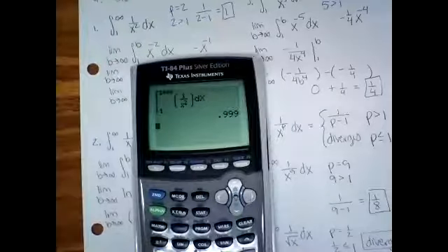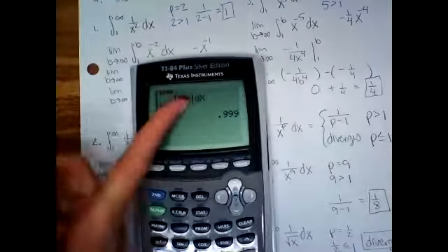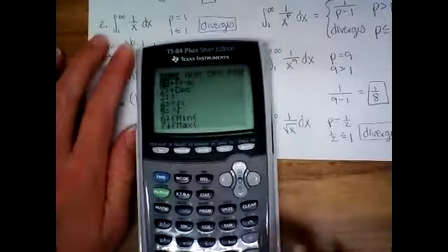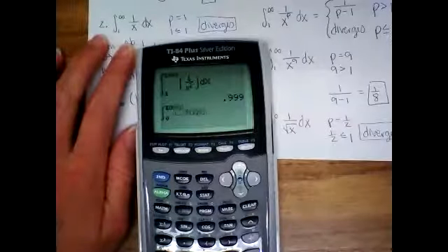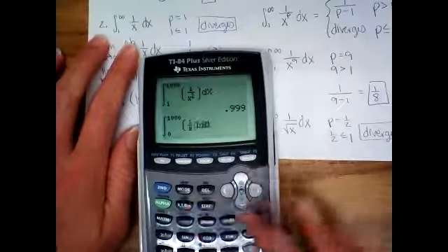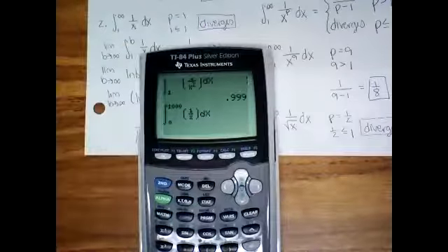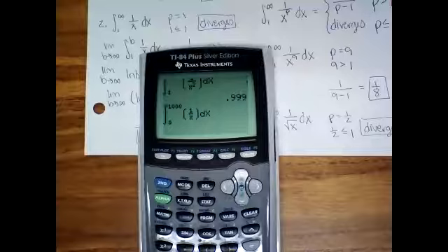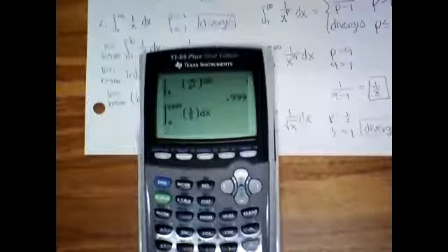Here's the only thing. It'll lie to you about the ones that diverge. It'll give you an answer, even like, see, watch, where's one that diverges? This one. So if you do 1 to 1,000 for 1 over x dx, see, like this will give us an answer, right? Because it's not actually infinity, so it's only doing from 0 to 1,000, and they take a while because the calculator gets confused. It's like, what on earth?